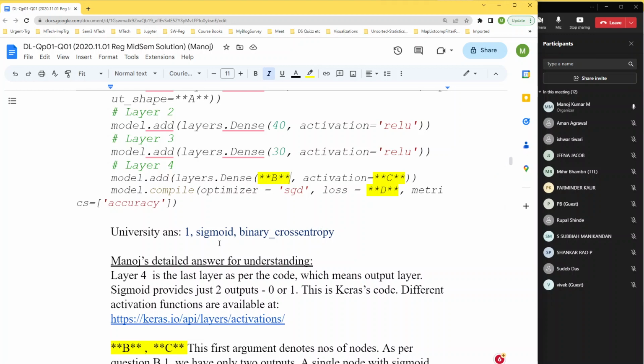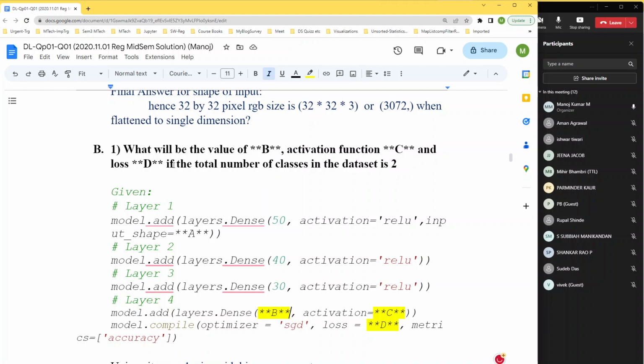Let's see the question once again. What will be the value of these parameters if the total number of classes in the dataset is 2? Number of classes being 2 means the output will be 2 only, right? Is that clear?